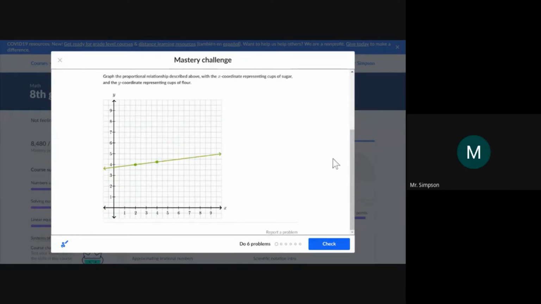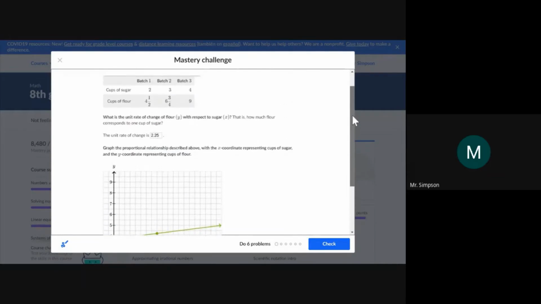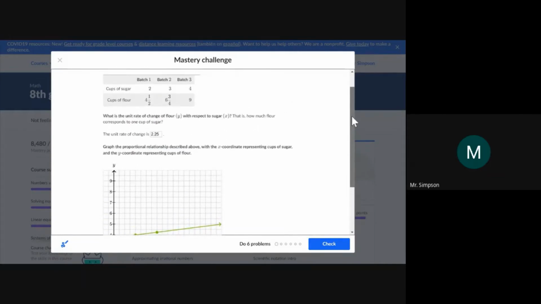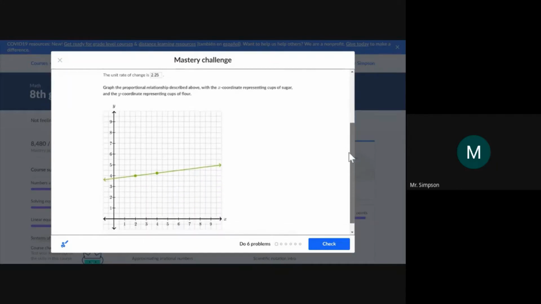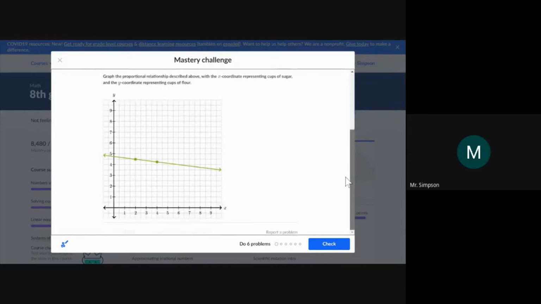But let's see. When we're at 2, that corresponds with what? 4.5 cups of flour. So it should be 4.5 right there. So 2 cups of sugar, 4.5 cups of flour. Now what about the last one? 4 cups of sugar, 9 cups of flour. So 4 cups of sugar corresponds to 9 cups of flour.